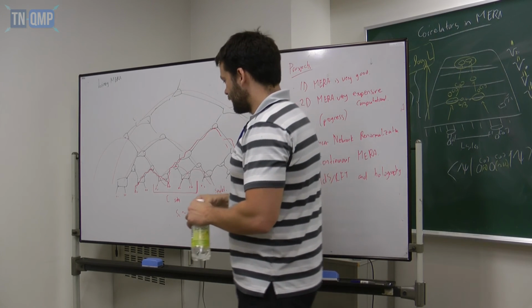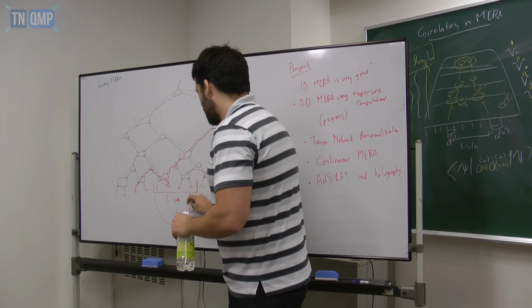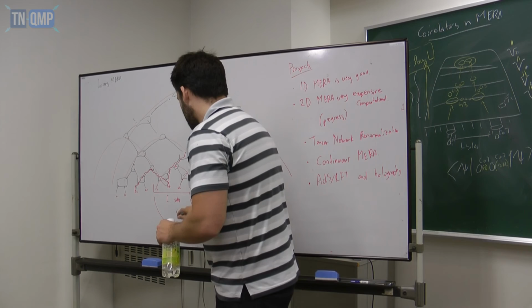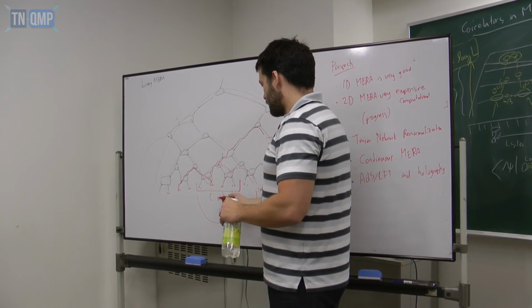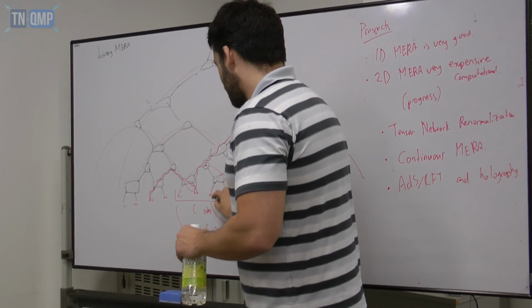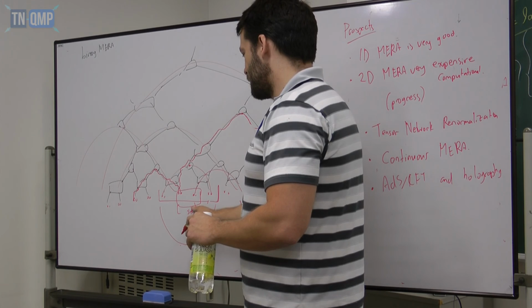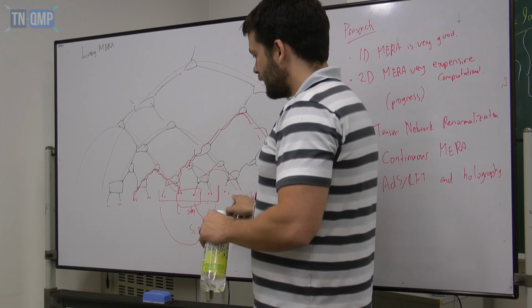I think it's a little bit clear. So I have some state that has two singlets, one here, one here. So this is some block I'm dealing with. Now notice my block has a singlet between a site inside and a site outside.